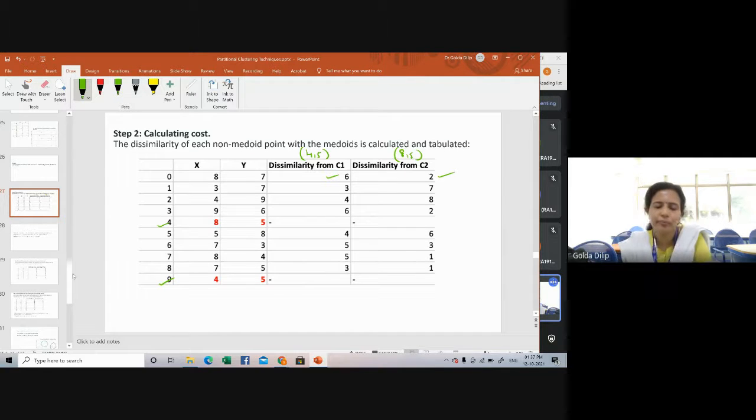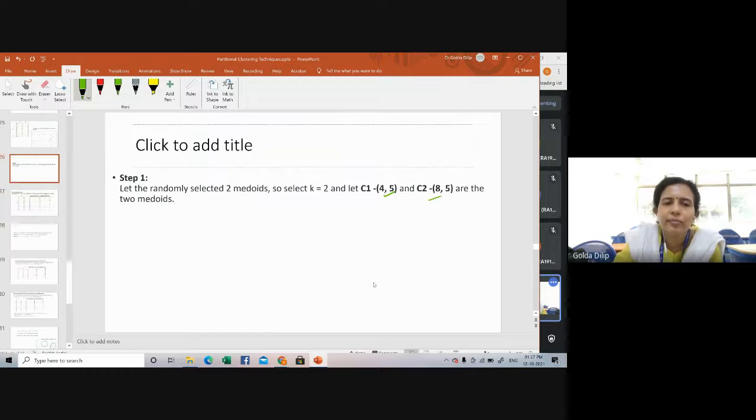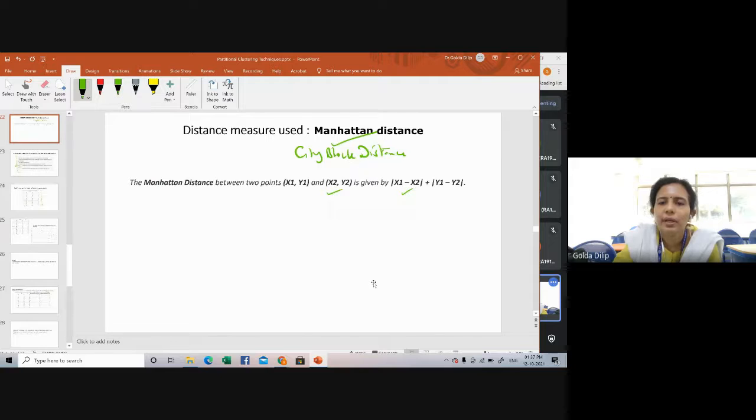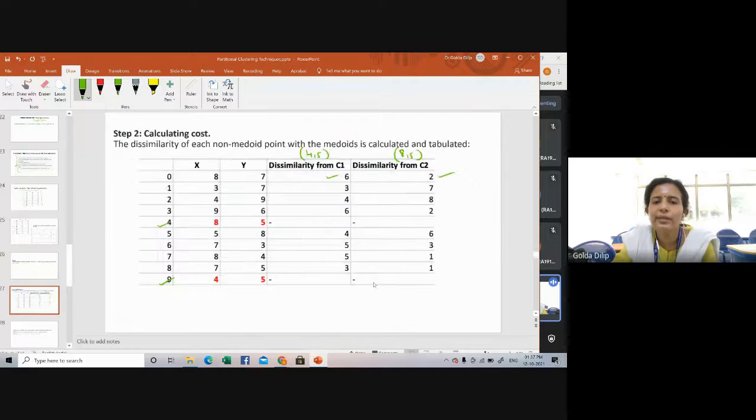I'll give you 2 minutes time. You know the Manhattan distance formula. It's given as this. This is the distance measure. With that, can you tell me how you get these values? For the 0th object, which has coordinate 8 and 7, and with respect to the first medoid, that is 4, 5, how do I land up with this value?